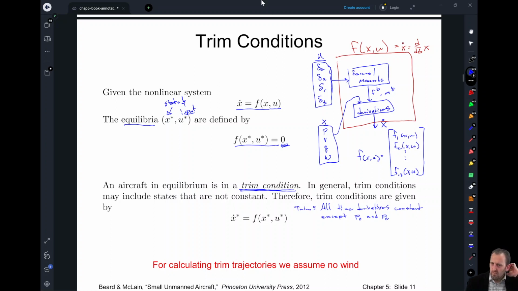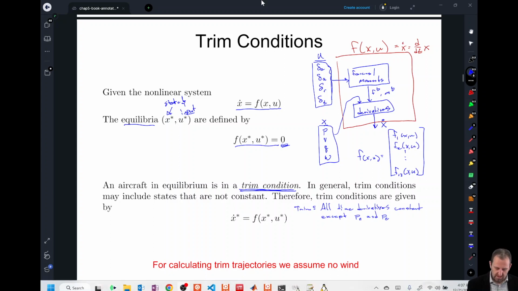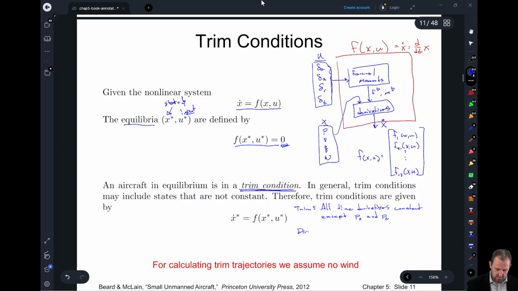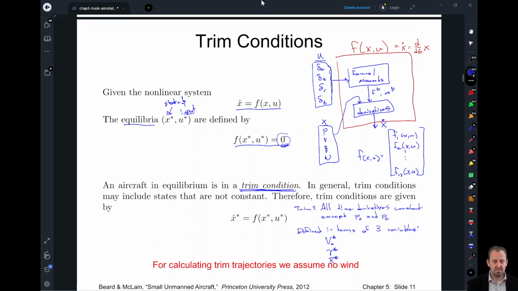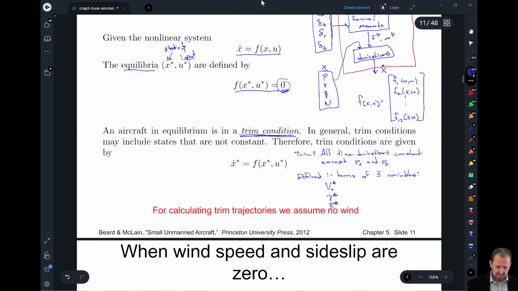So we have these nice constant derivatives, and we can define it in terms of 3 variables. The first is our VA star, the second is gamma star, and the third is our radius. Again, our trim trajectory is that all of our derivatives are constant. So 0 is a trim trajectory, but not a very interesting one for an aircraft. So we'll go ahead and design it.